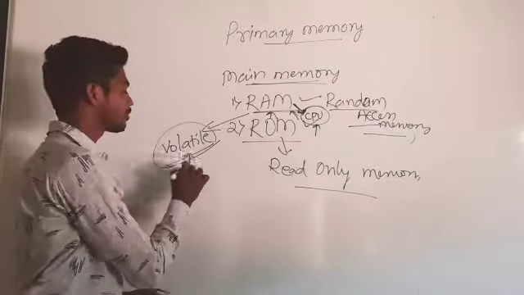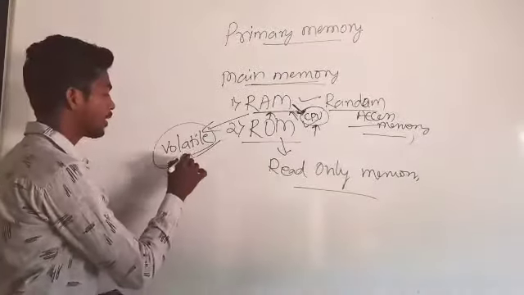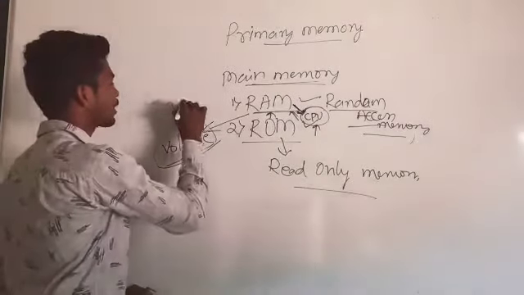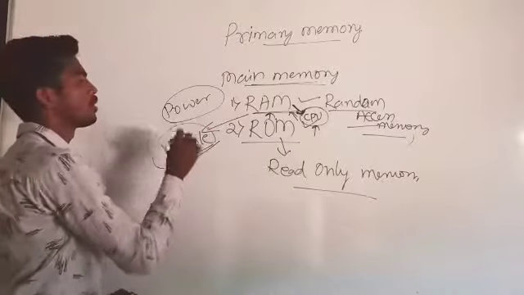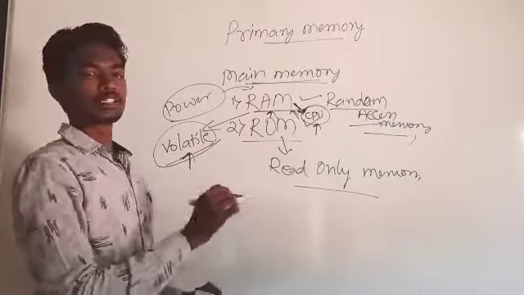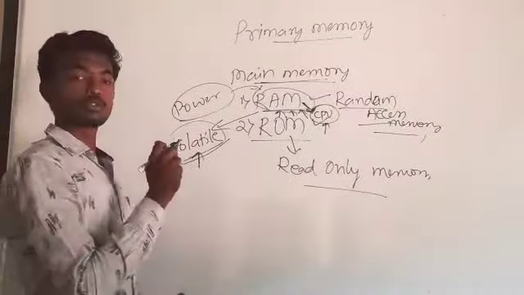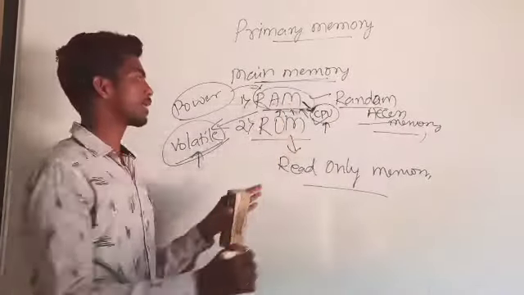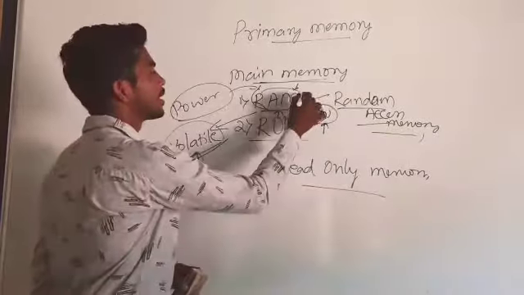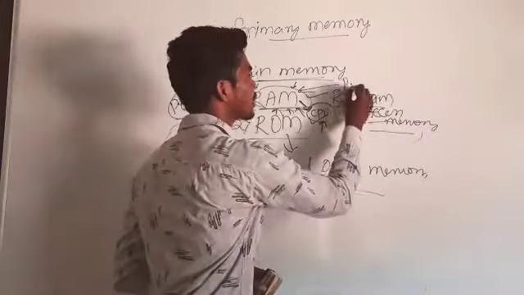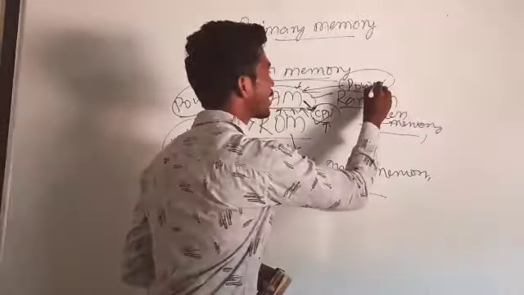Another meaning of volatile is that when the power of a computer goes off, the RAM automatically destroys the data within it. That is, it erases or deletes the data in it. It needs a continuous power supply to retain the data.